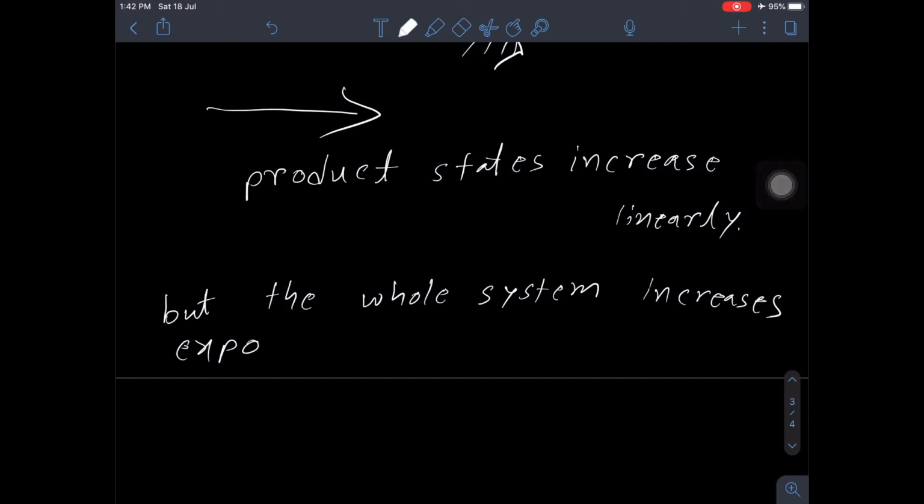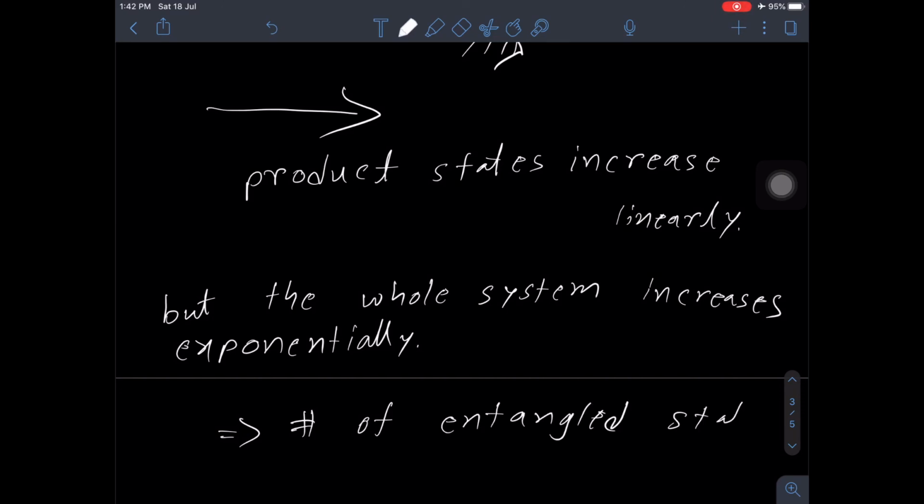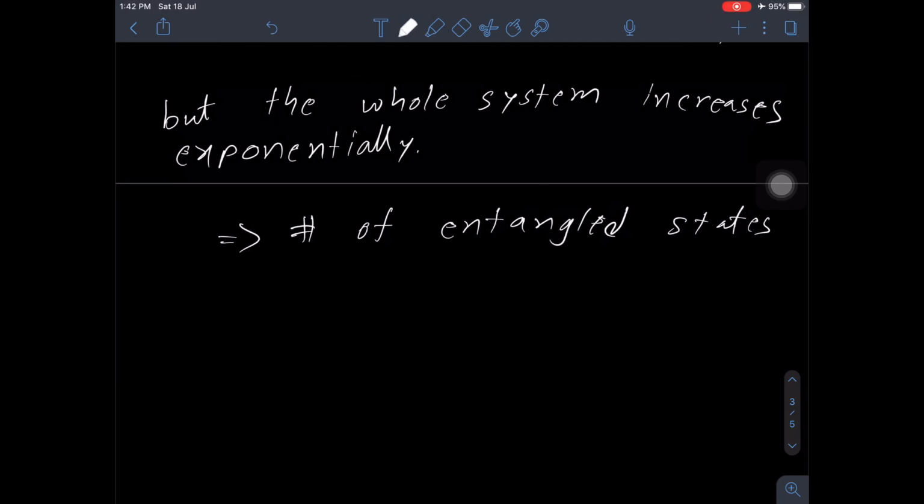By increases, I mean increases in size, in the number of elements, exponentially. So what does it imply? This implies that the number of entangled states increases exponentially.